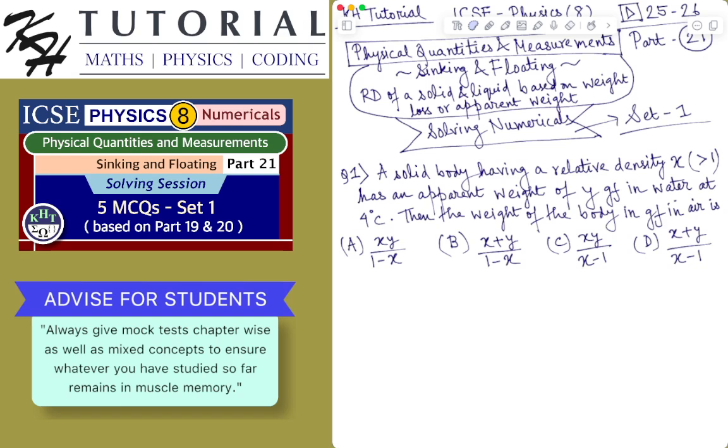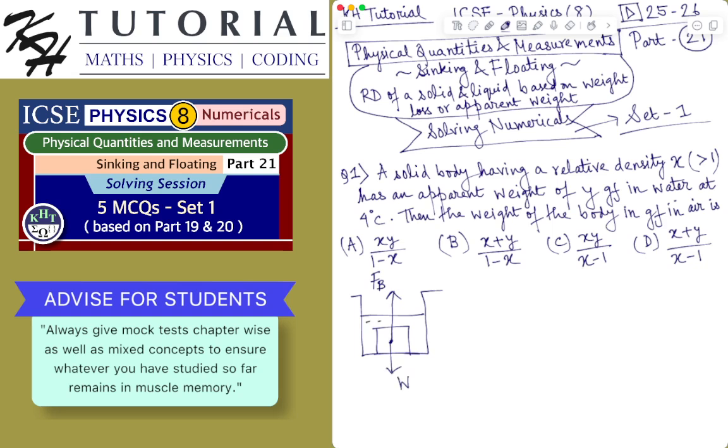So the scenario is something like this. This is the body, since it is denser than water at 4 degrees centigrade, it will be completely immersed, and the buoyant force or the upthrust is Fb. This is basically the loss in weight. Fb is the loss in weight, and W is the weight of the body acting vertically downwards.